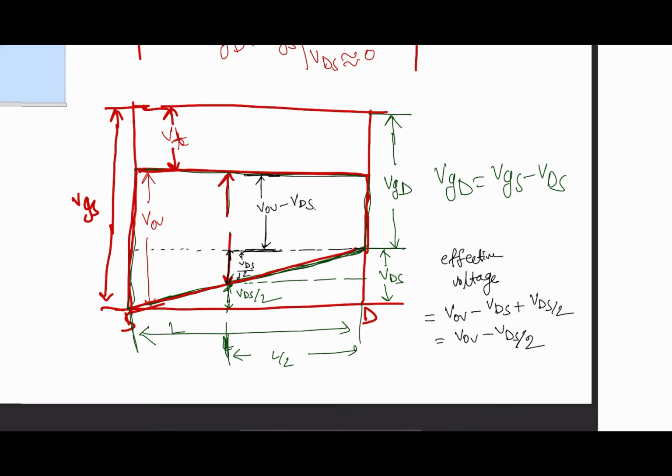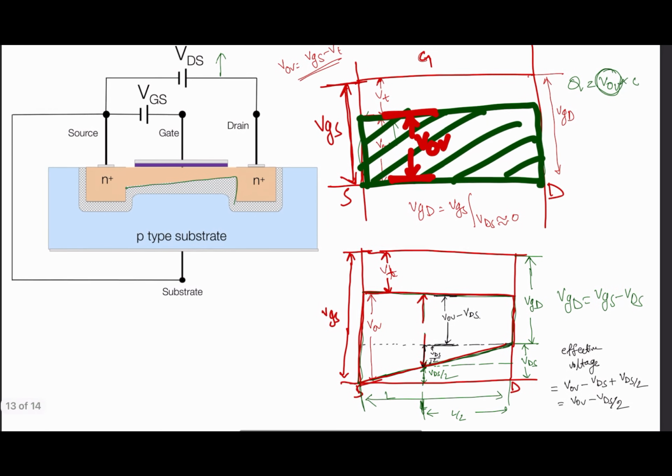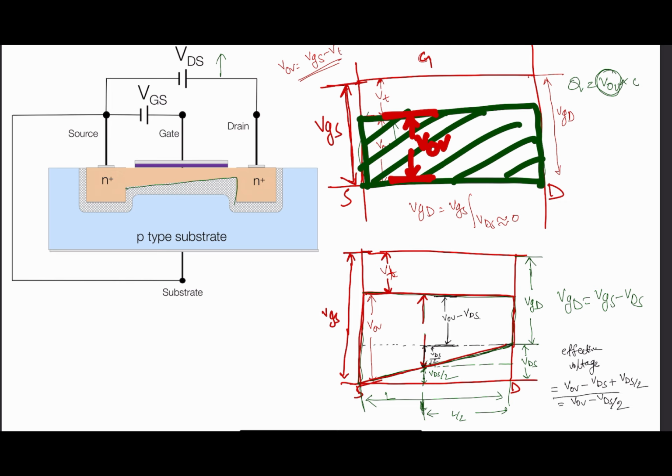Okay, so now you understand, when the channel is tapered by the depletion region, at that time the effective voltage across the channel is VOV minus VDS by 2. Now I will explain how the current equation will change. Last time our channel is this one, right?